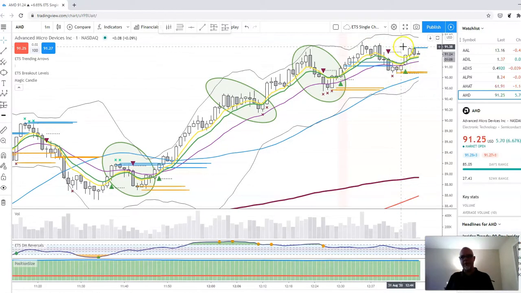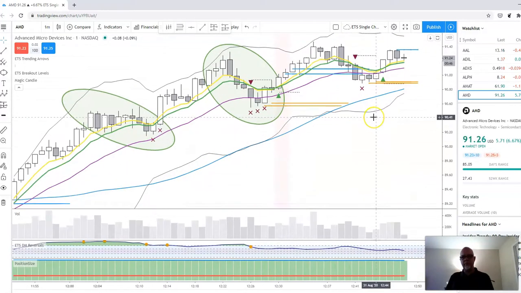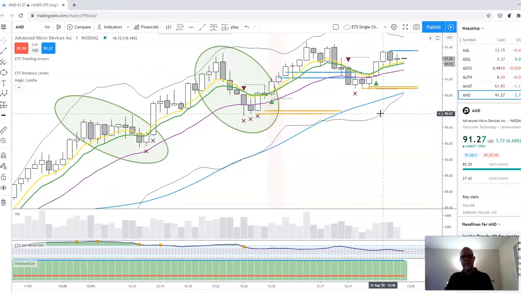So there we now have a fully formed breakout level, just below 91.40, 91.30. Right, and it's breaking down.